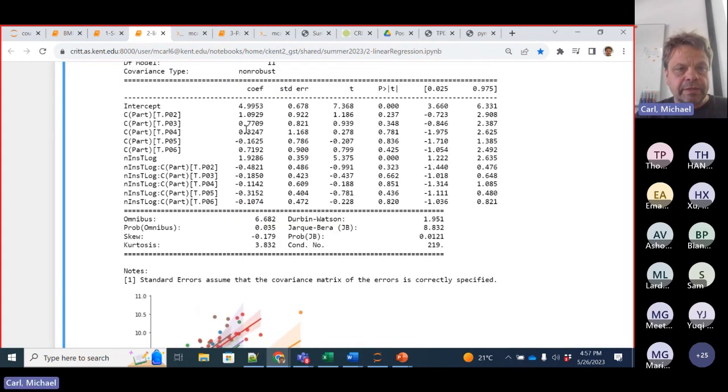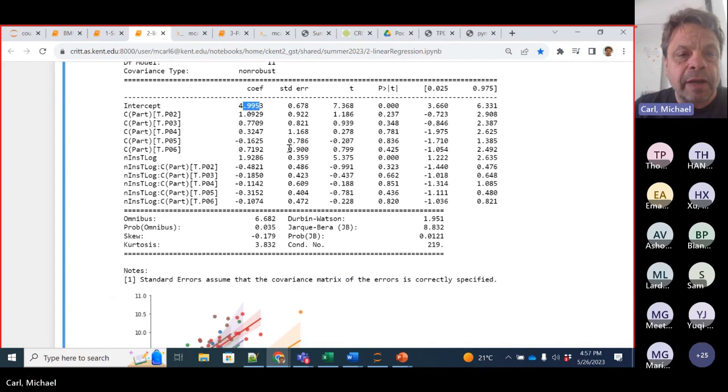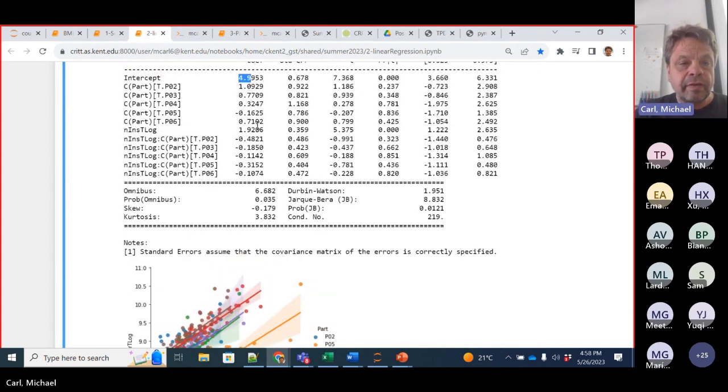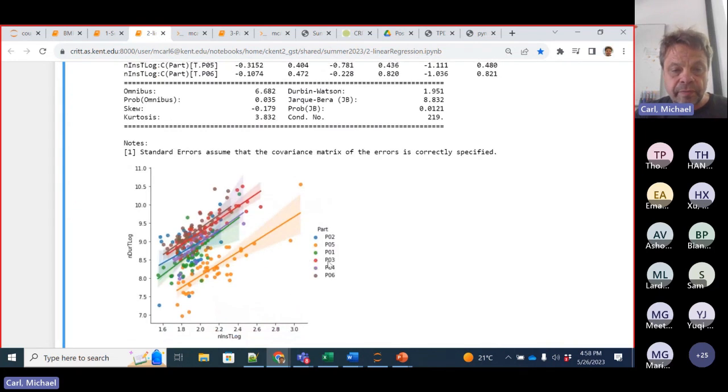Then for participant number 3, we add 0.7 to this, which would be how much? 5.7, something like this. And for participant number 5, we subtract 1.6 from this number. So that would be how much? 3. That is participant number 5, this very fast one.